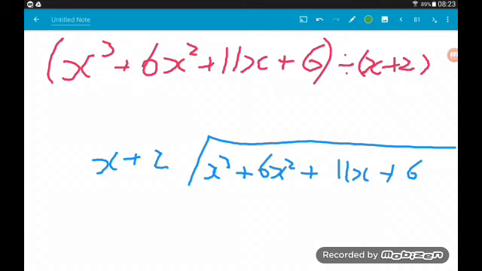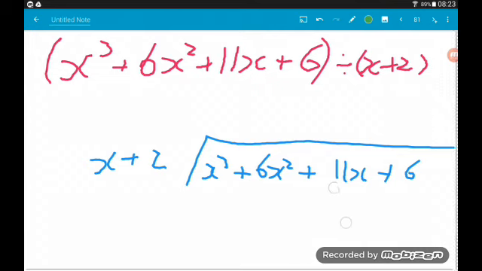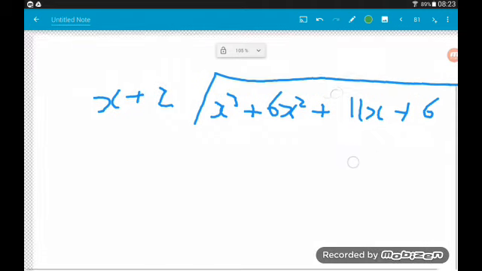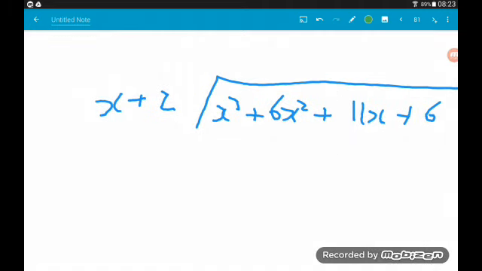Okay, so our first step then, the first thing we do is the first term underneath the sign divided by the highest power of x in the divisor. So, x cubed divided by x is x squared.